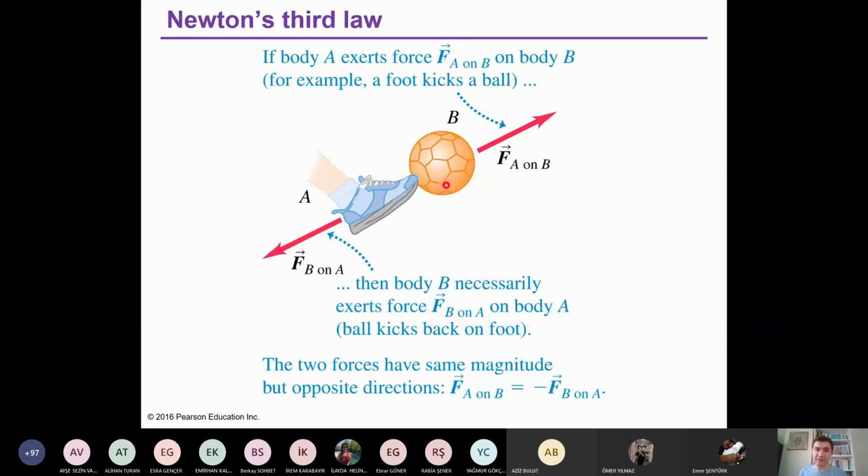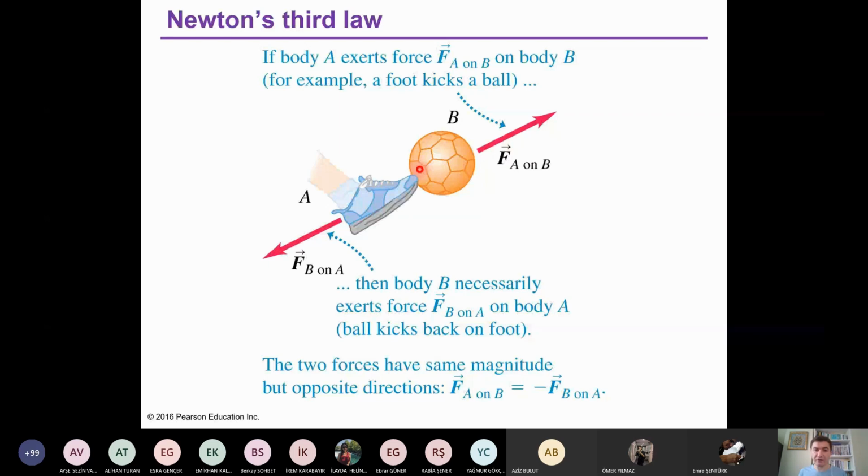So this foot kicks this ball, and then this ball kicks back on the foot. So this is the force A applies on the ball, Fa on B, and we have the same force applied by the ball on the foot with the same magnitude but opposite direction. This is Newton's third law.